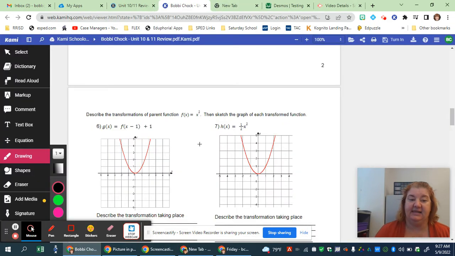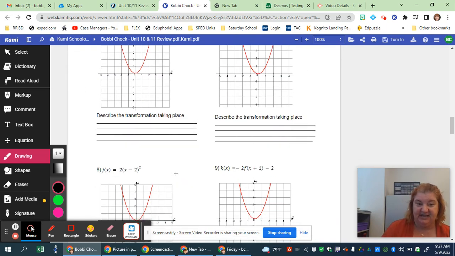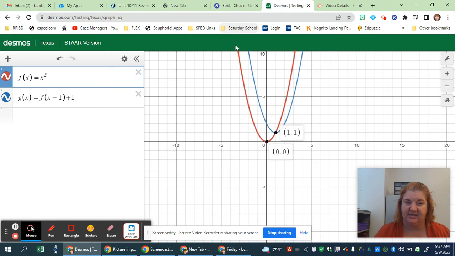So when I write that in here, I would say I shifted up 1 and to the right 1. Do you see how I did that?